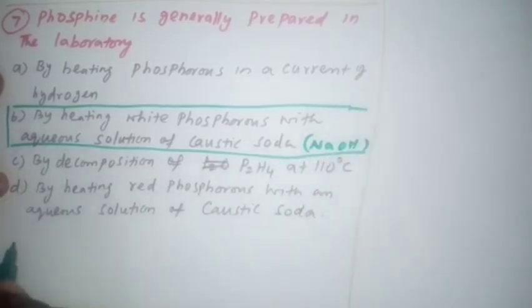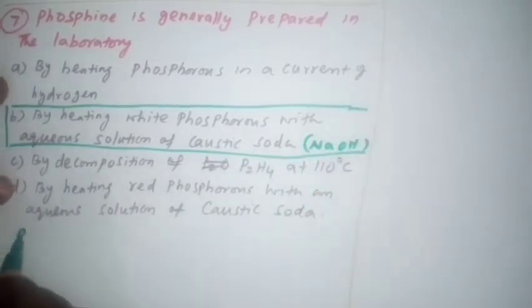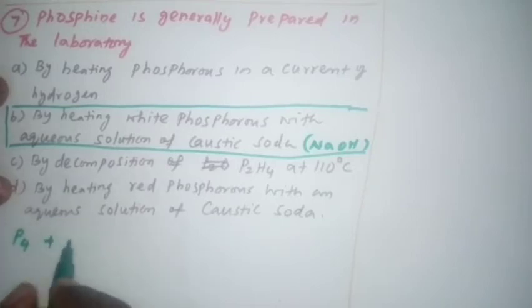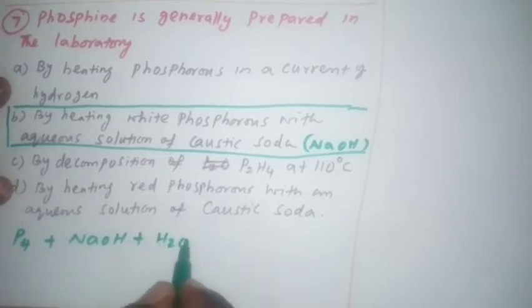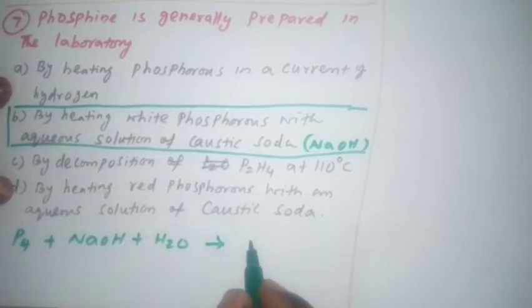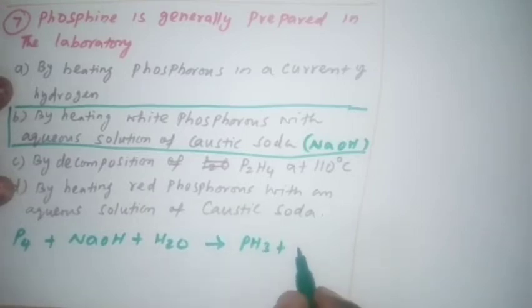See the equation: phosphorus P4, white phosphorus, plus sodium hydroxide NaOH. It is an aqueous solution, so we are writing H2O. We will get phosphine PH3 plus NaH2PO2. Clear?